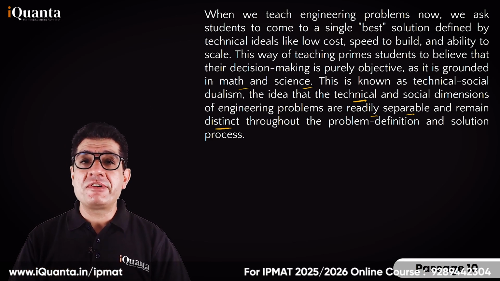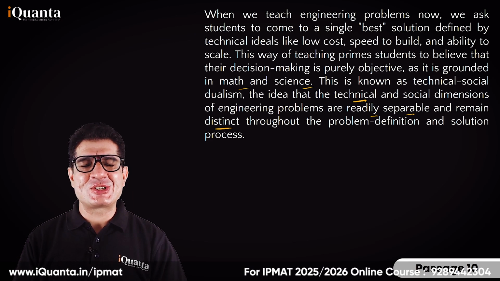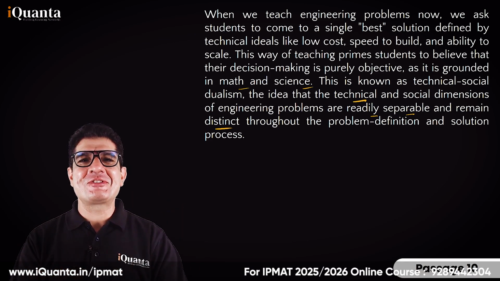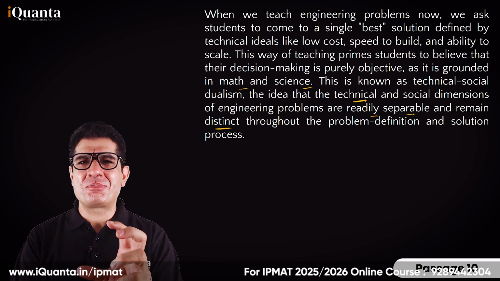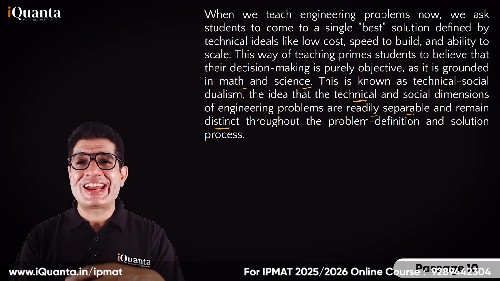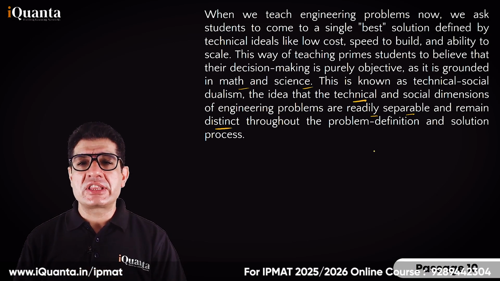So for example, we have this religious dualism. The world is made up of two contradictory forces, the forces of good and the forces of evil. And even in your daily life, you notice you have black and white, you have a day and a night. So that's dualism. So in this case, the author has been kind enough to define it for us as well.